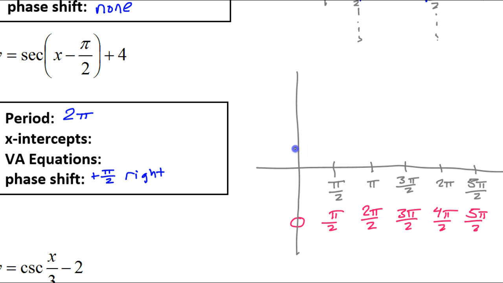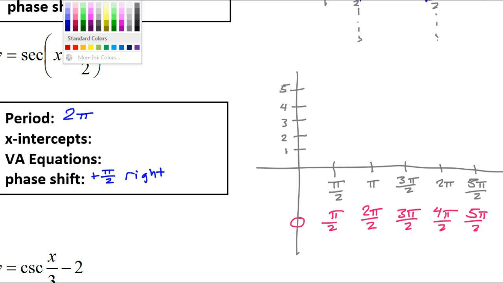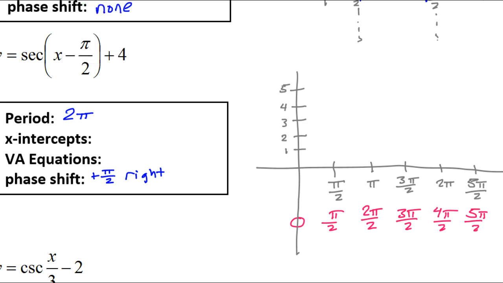So here I go. 1, 2, 3, 4, 5. Okay, so my midline is going to be at 4. So here's my midline.